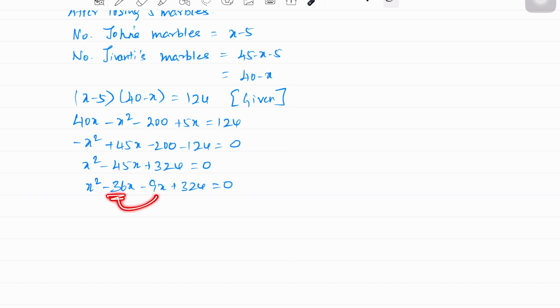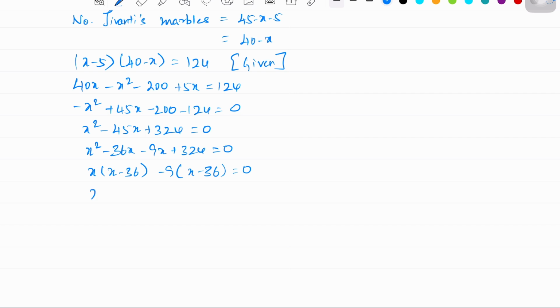Negative 36 into negative 9 will give you positive 324. So this is x into x minus 36 minus 9 into x minus 36 equals 0. This is x minus 9 times x minus 36 equals 0. So x equals 9 or x equals 36.